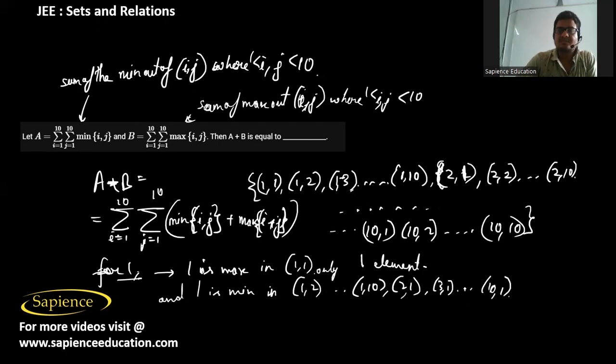So it means that it is minimum in 19 elements.